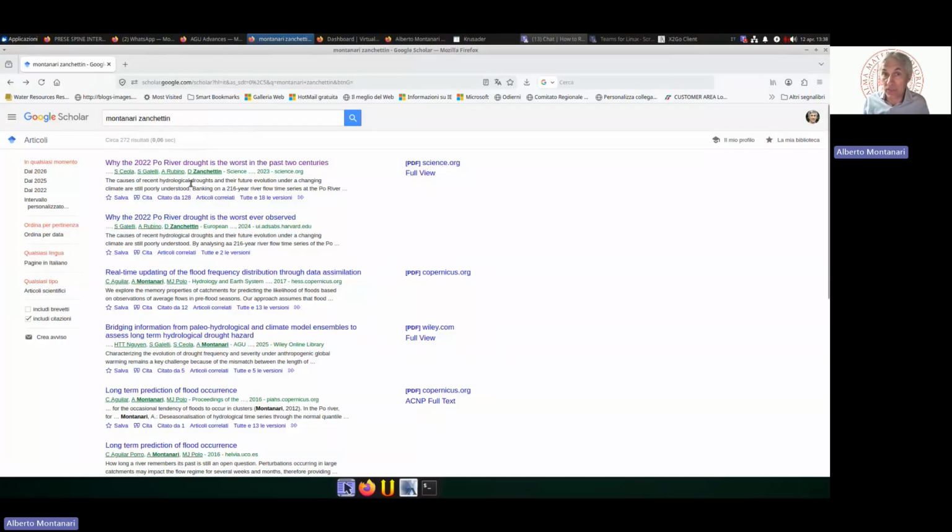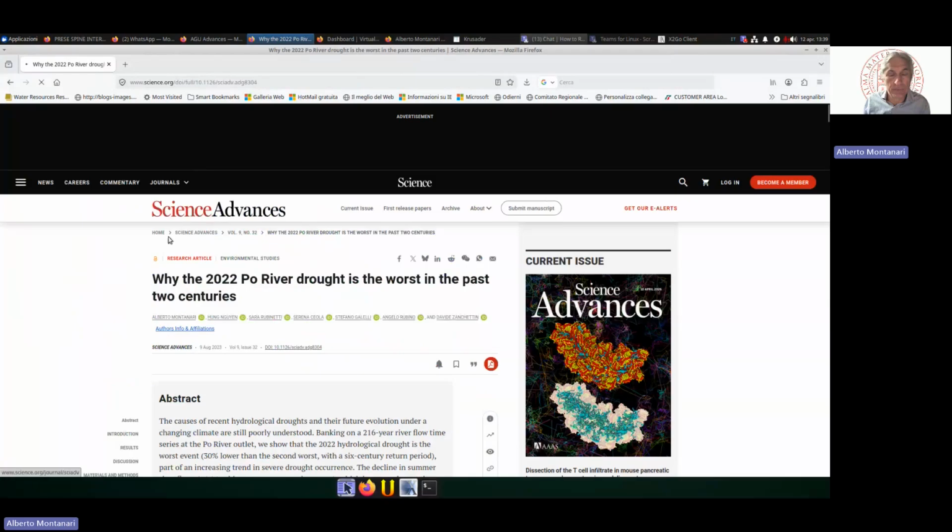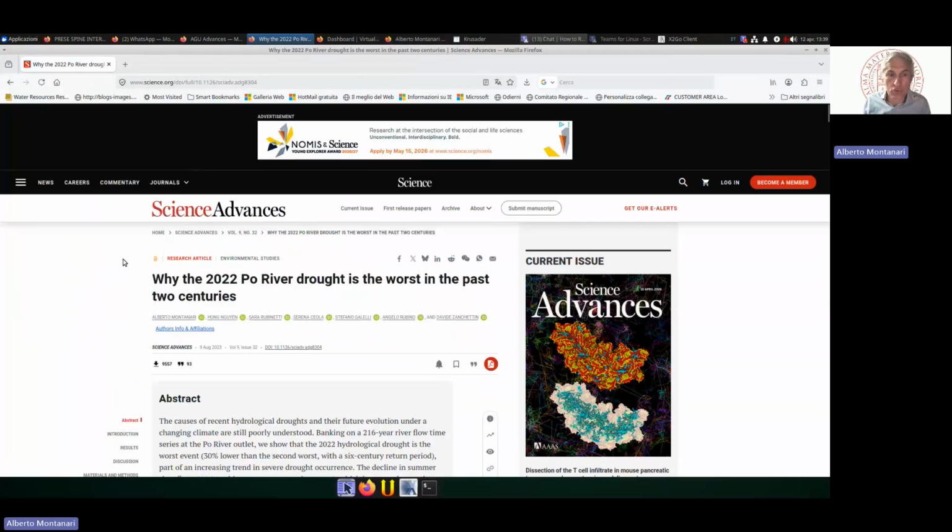The most relevant indicator is the number of citations that come from scientific peer-reviewed papers. In this case, it's a comprehensive overview, which in a way gives you a very reliable idea of the interest of the scientific community. So let's then click on the paper and get into the web page of the journal.